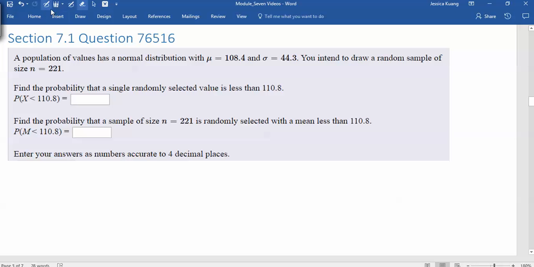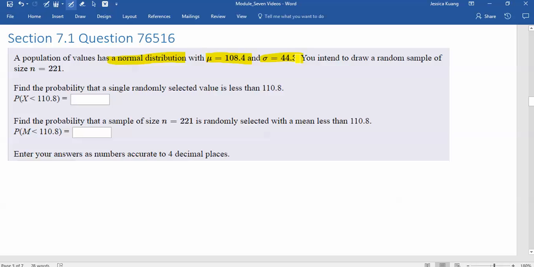Population of values has a normal distribution with this mean and this standard deviation. And I intend to draw a random sample of size n equals 221. Now I would like you to find two different probabilities.